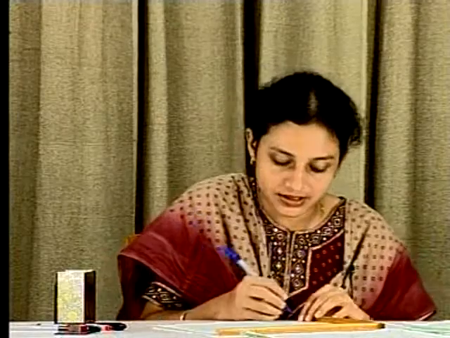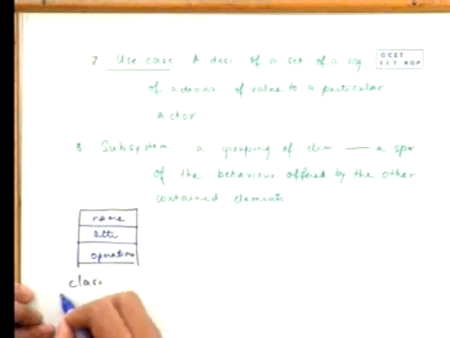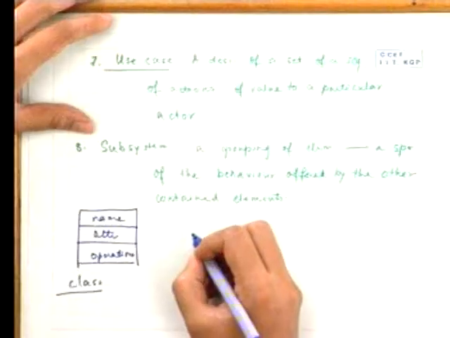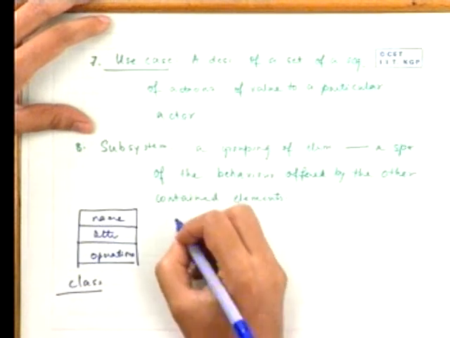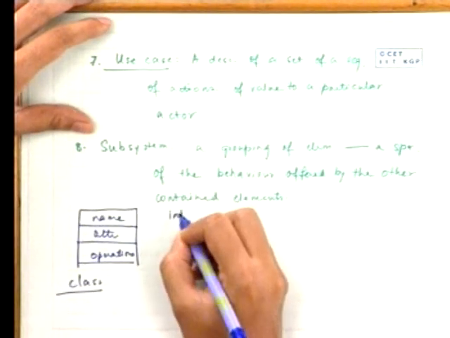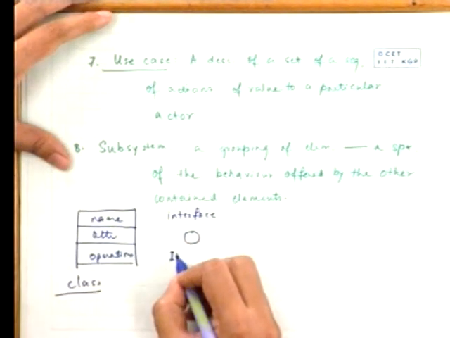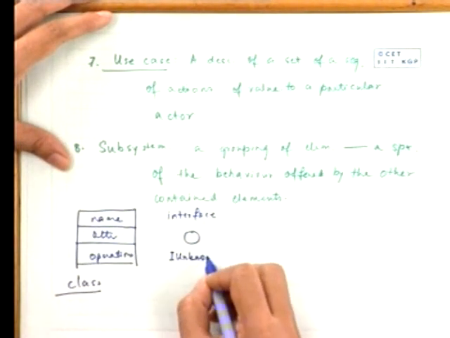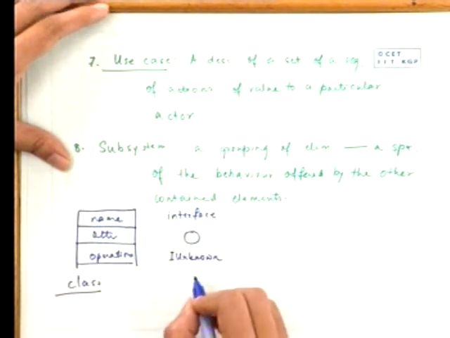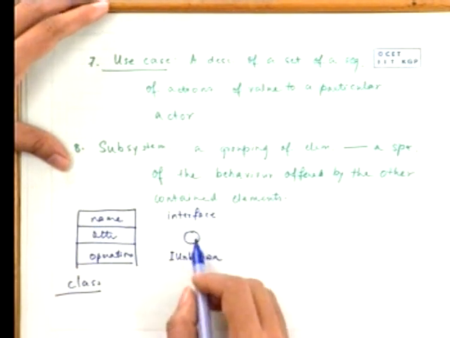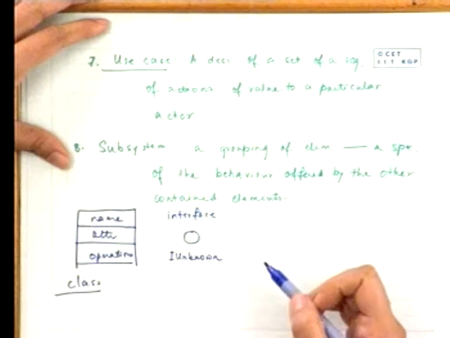So this is a representation of a class. An interface is denoted in various ways. One of the simplest ways of denoting an interface is by a circle. So this denotes an interface, and the name of the interface is written below it. For example, the name of this interface is IUnknown, and this is how interfaces are represented.